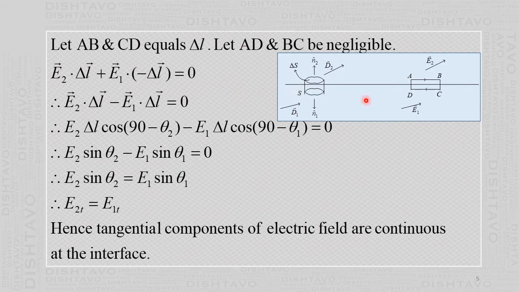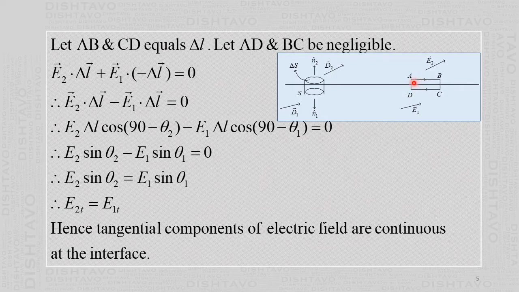Then to find out the relation between E1 and E2 at the interface, what we consider here is a closed path like this, A, B, C, D, A. Now here we neglect BC and AD, and since it is a closed path, the electric field into the length, the total will be equal to 0.